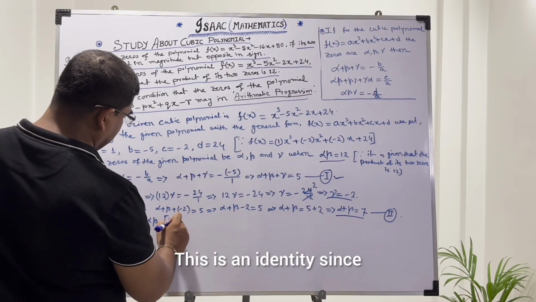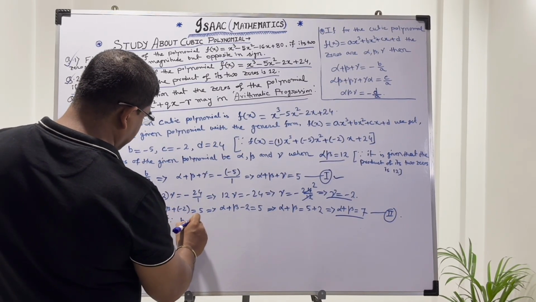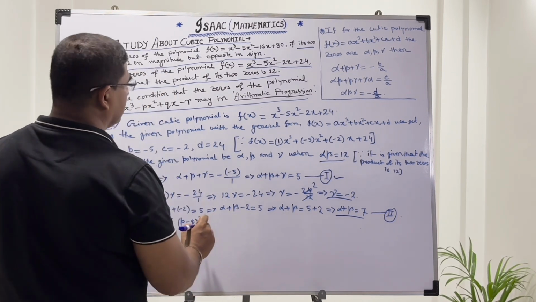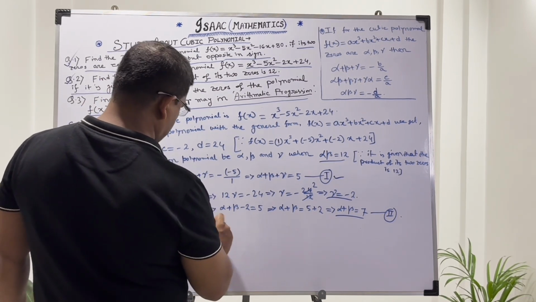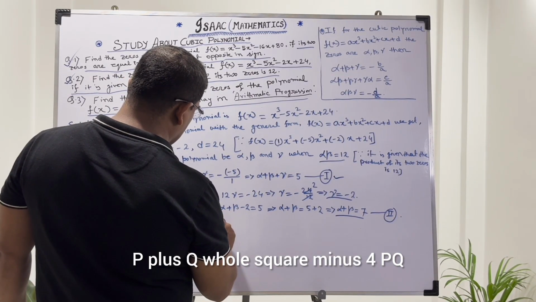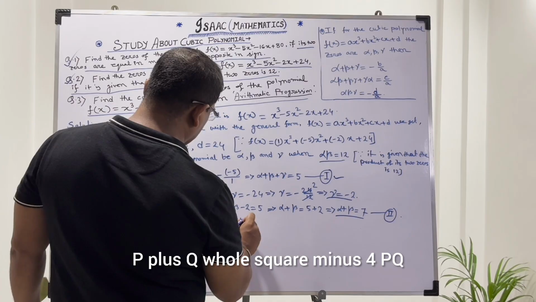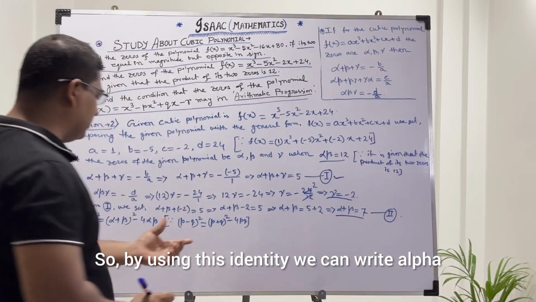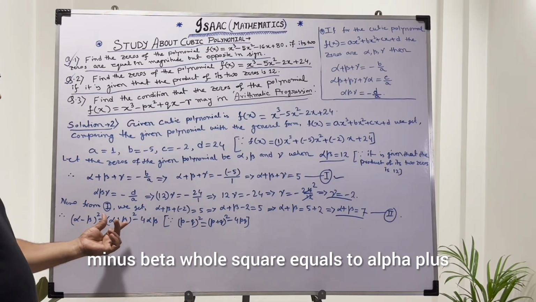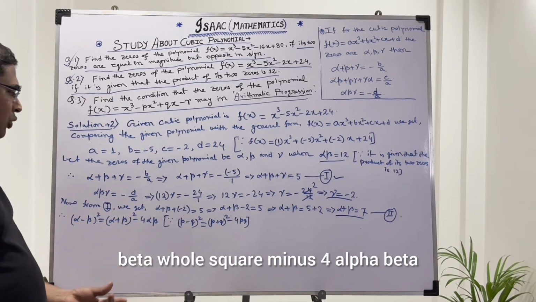This is an identity: p minus q whole square equals p plus q whole square minus 4pq. So by using this identity, we can write alpha minus beta whole square equals alpha plus beta whole square minus 4 alpha beta.